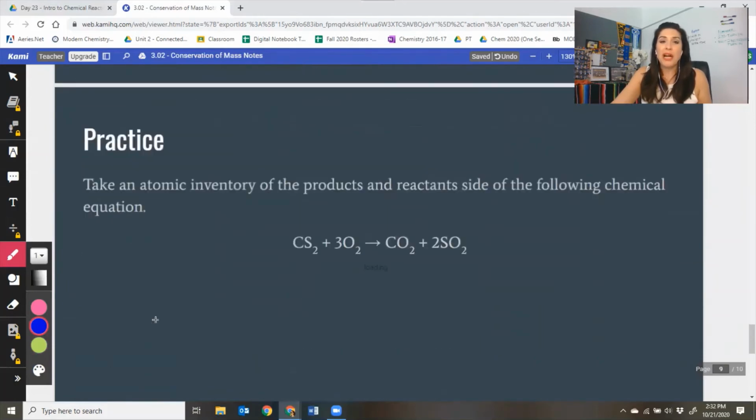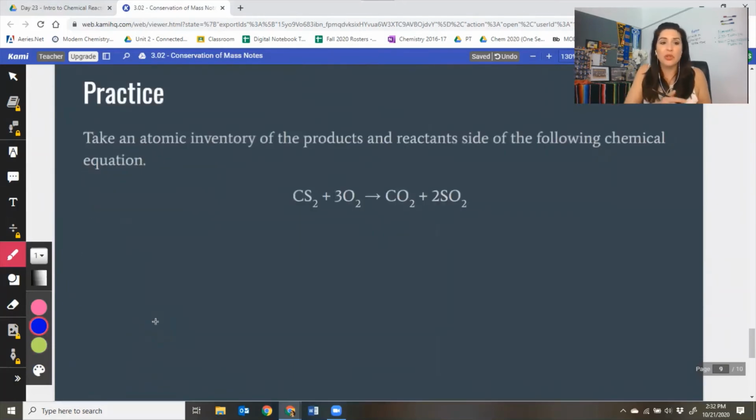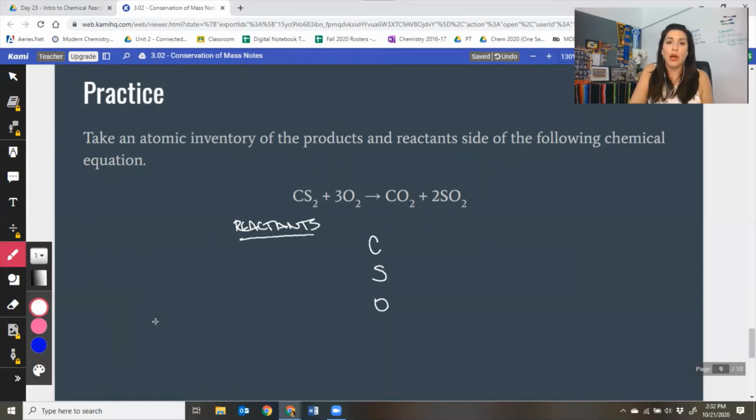So let's do another practice problem. Take an atomic inventory of the products and the reactants of the following chemical equation. So I will go ahead and start by listing all of the different elements in my problem: carbon, sulfur, and oxygen. Over here on the reactant side, I have 1 carbon.